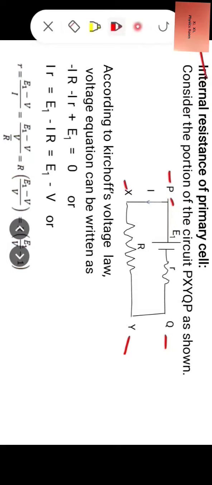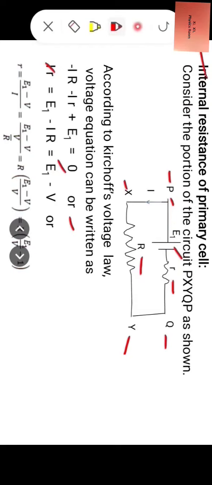According to Kirchhoff's voltage law, voltage equation can be written as minus I into capital R minus I into small r plus E1 is equal to 0, or we can write I into small r equal to E1 minus I into capital R, or it is equal to E1 minus V, because V is equal to I into capital R.